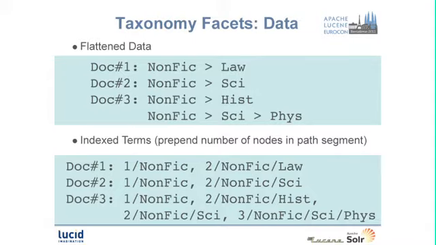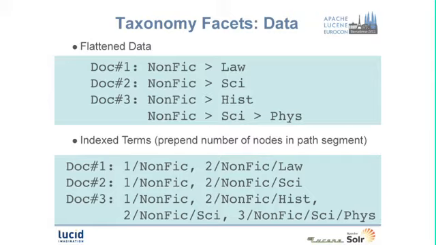Now we can flatten this information and represent it as sort of like a path. So for instance, that document 1 that was on the law node, we'd represent it as nonfiction law. So that's the path. And now we can do some pre-processing or come up with a custom analyzer. It wouldn't be too hard to do this for us.